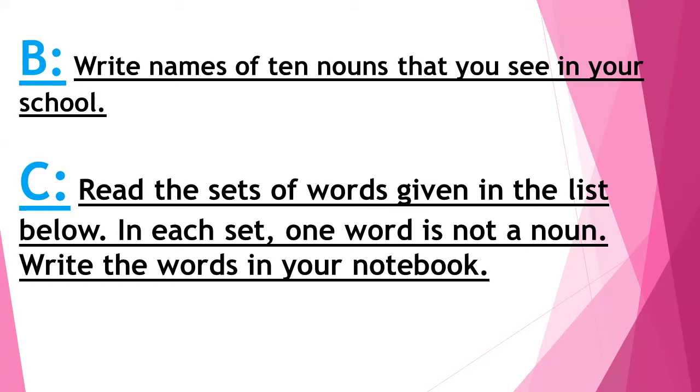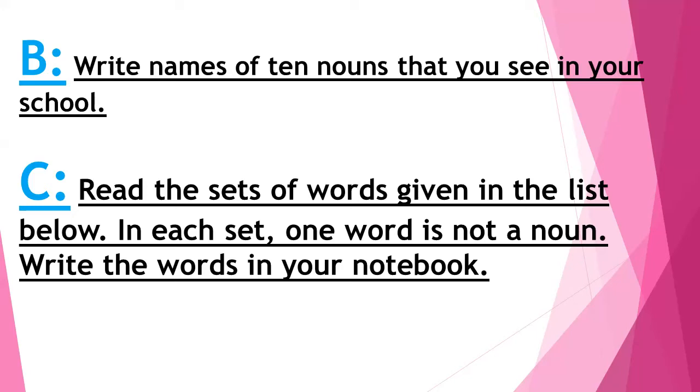Okay, now turn to your exercise C. Read the sets of words given in the list below. In each set, one word is not a noun. Write the words in your notebook.